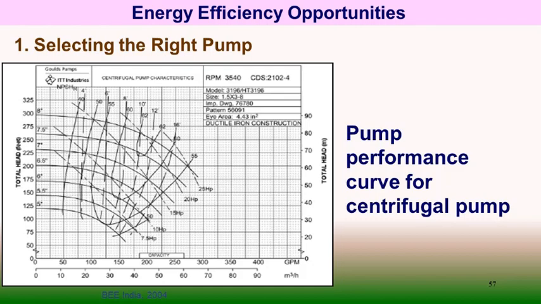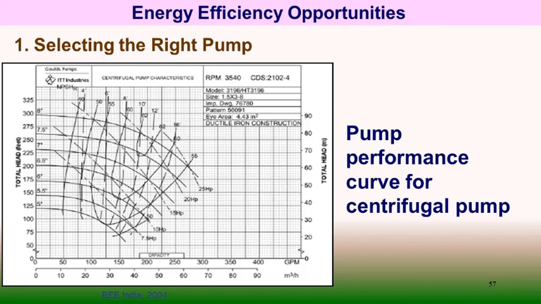The operating point is where the system curve and pump performance curve intersect. We have already discussed that, but our interest is in the best efficiency point, which is the pumping capacity at maximum impeller diameter that will be given as per system requirement.